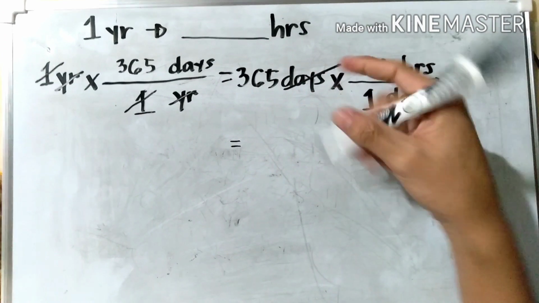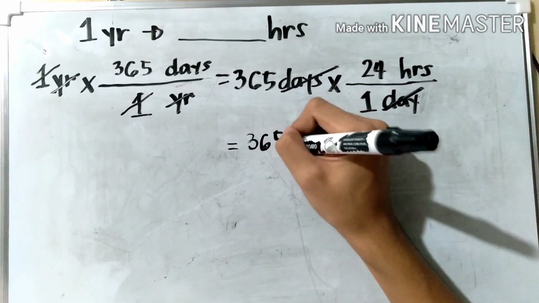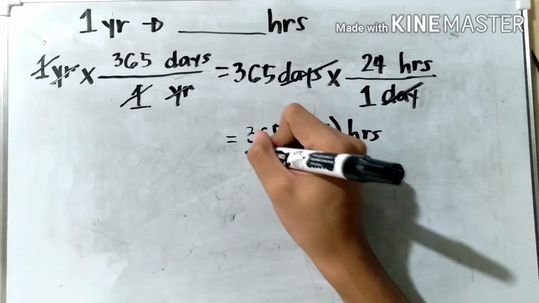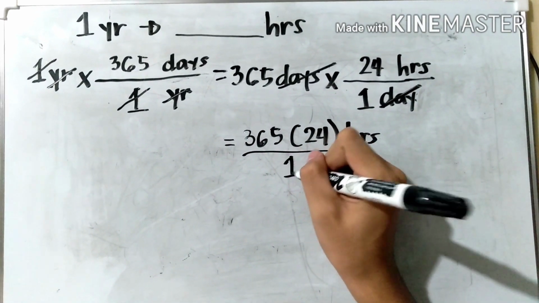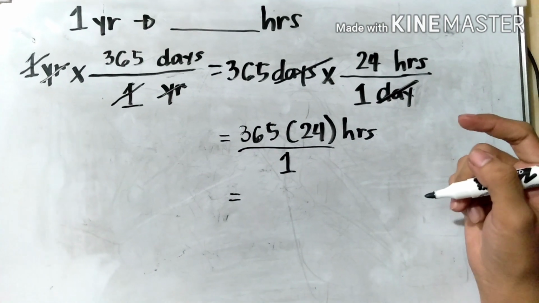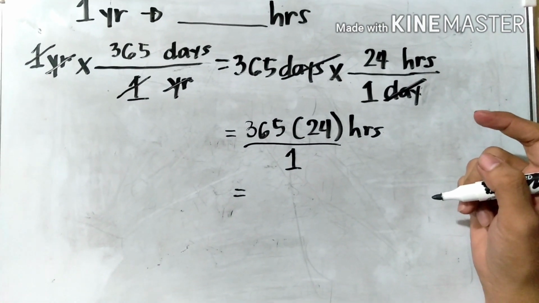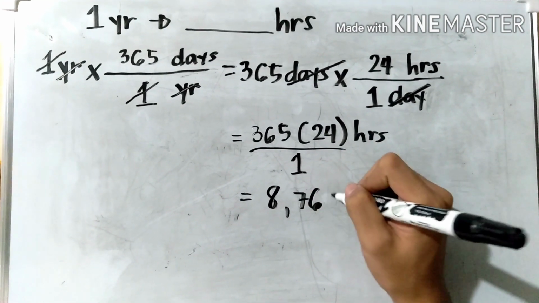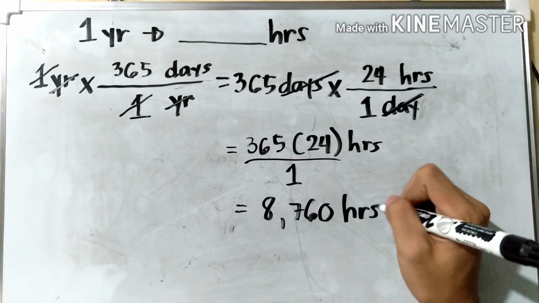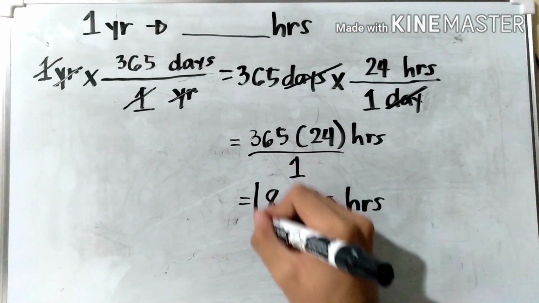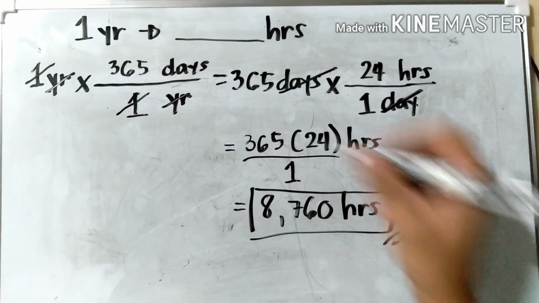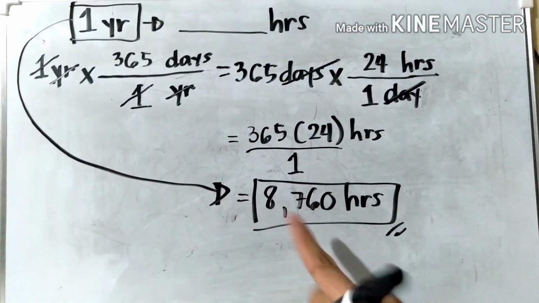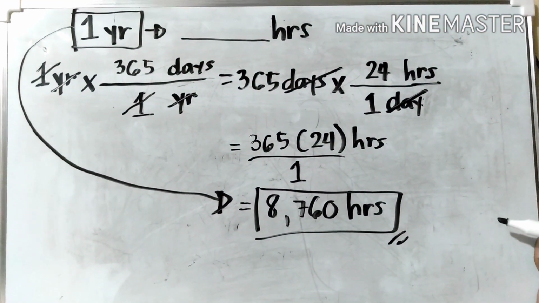Then multiply na sa taas, 365 multiplied by 24 hours divided by 1. The answer is, what is 365 multiplied by 24? That is equal to 8,760 hours. Kasi i-divide naman by 1, the answer is this. So sa isang taon, in 1 year, we have 8,760 hours.